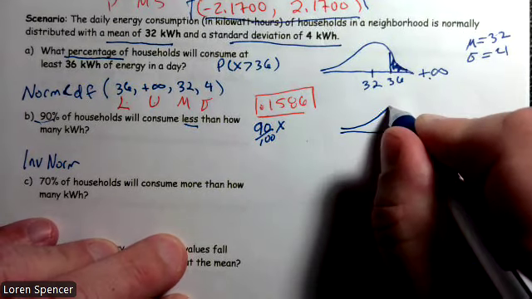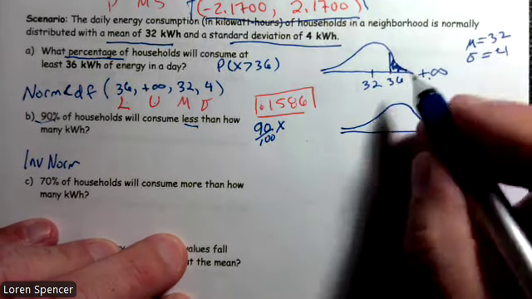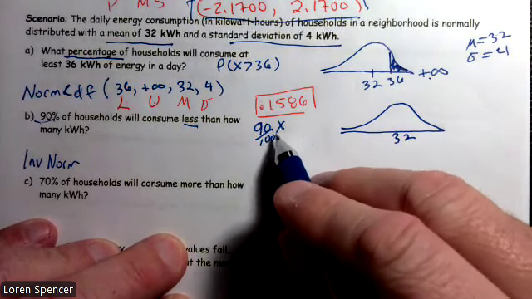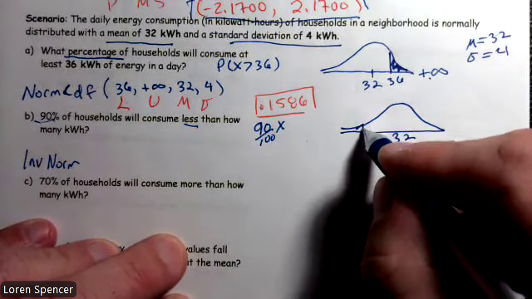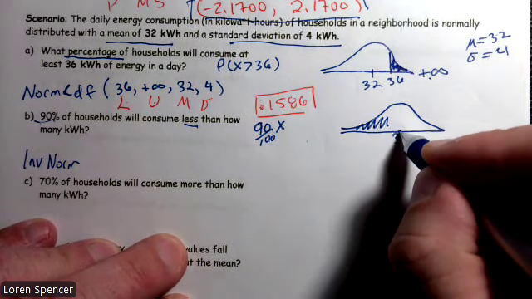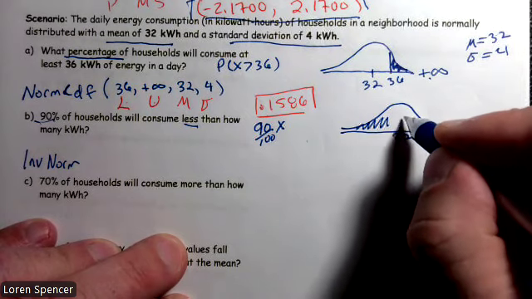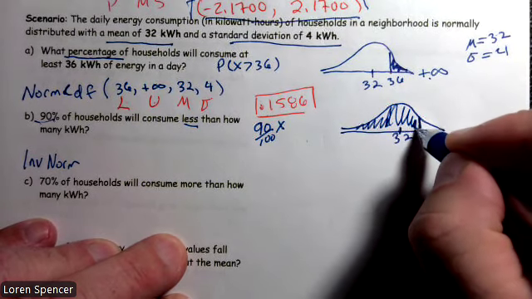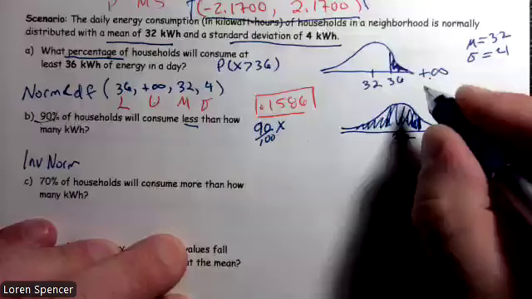Now we have an actual mean of 32, standard deviation of 4. 90% is less, so we're starting here, but halfway is our mean, and that's 50%. So we're going to have to cross over till we get to here. Well, here we're not looking for a z-score.